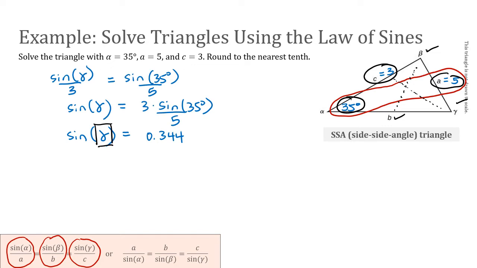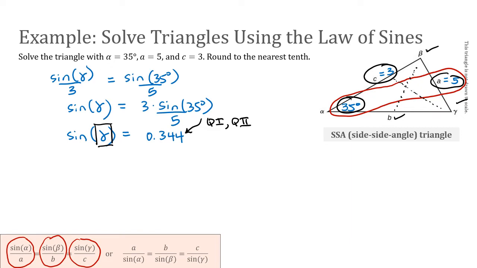When you take the sine of some angle and the output is a positive output, what we know is that the angle must be in quadrant 1 or it must be in quadrant 2. This is the first time where we've had to do an inverse, and so that's why we're seeing these options. So let's just keep that in mind as we progress.